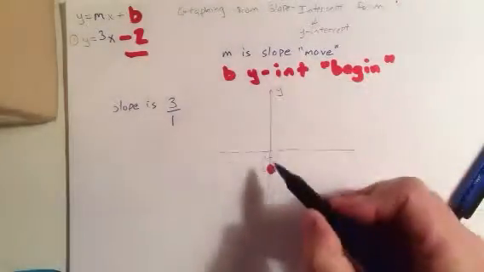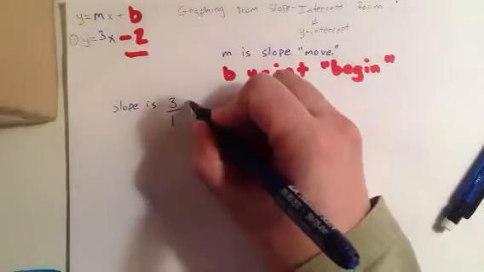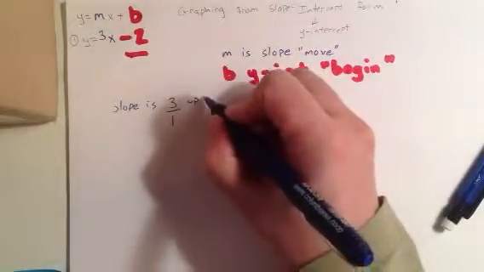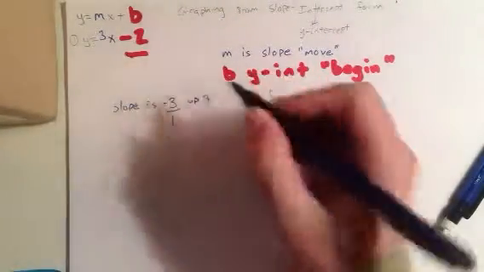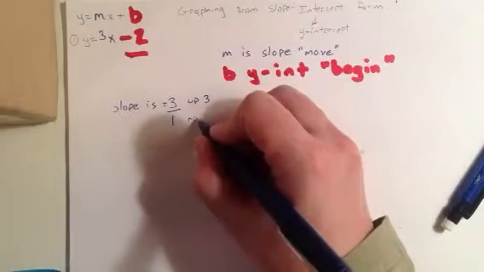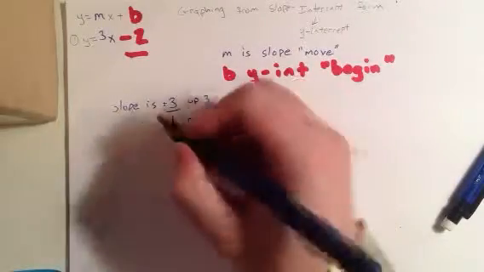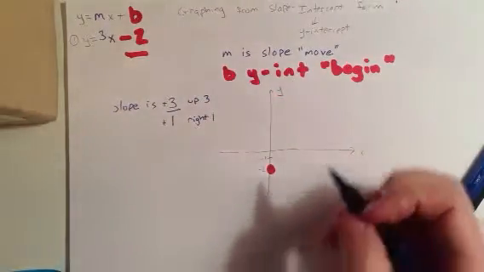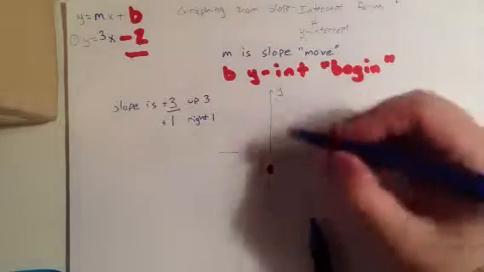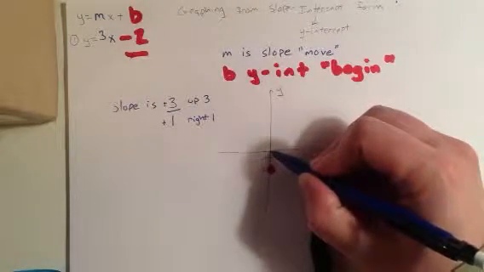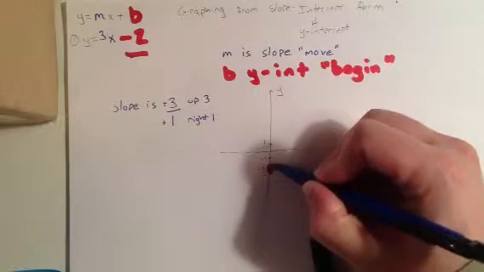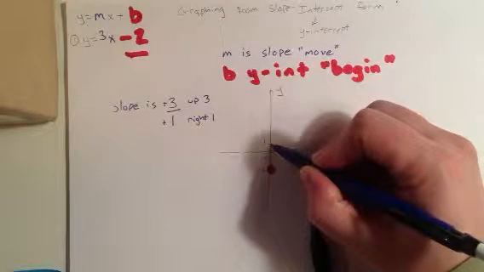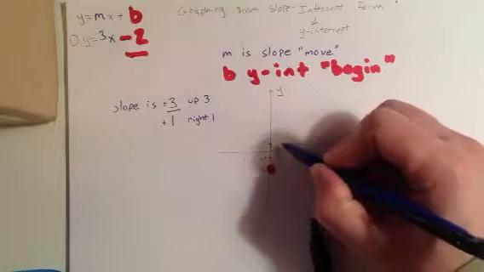So what this means is from the first point, we're going to move up 3. We're moving up because that's a positive 3. And then we're going to move right 1 because this is a positive 1. So we're going to go up 3, 1, 2, 3, and then right 1.